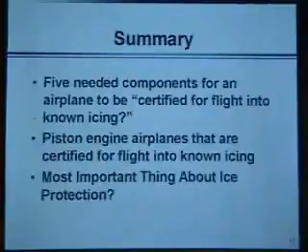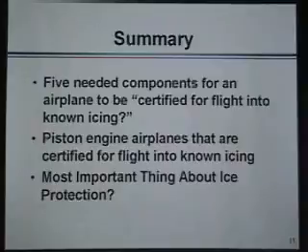Now, if you're going to fly an airplane that's certified for flight into known icing, it's going to have five different things. First of all, one, you're going to have heated pitot and static ports. And of course, if you're in icing conditions, you're going to turn those on.